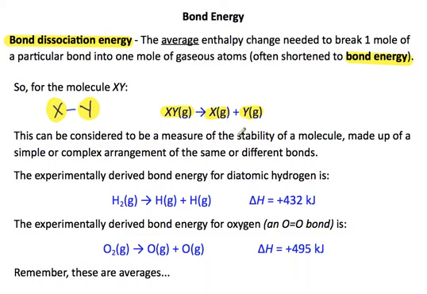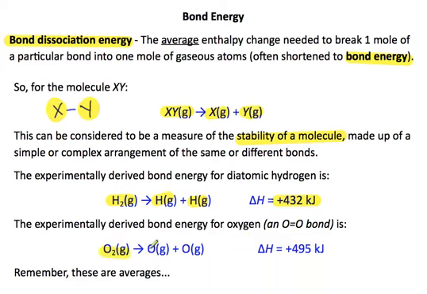Bond dissociation energies obviously give a bit of indication about stability of a molecule, and we can look at a couple of simple diatomics. Hydrogen. So hydrogen gas yields 2 hydrogen atoms, or 2 moles of hydrogen atoms. The bond dissociation energy is positive 432 kilojoules.